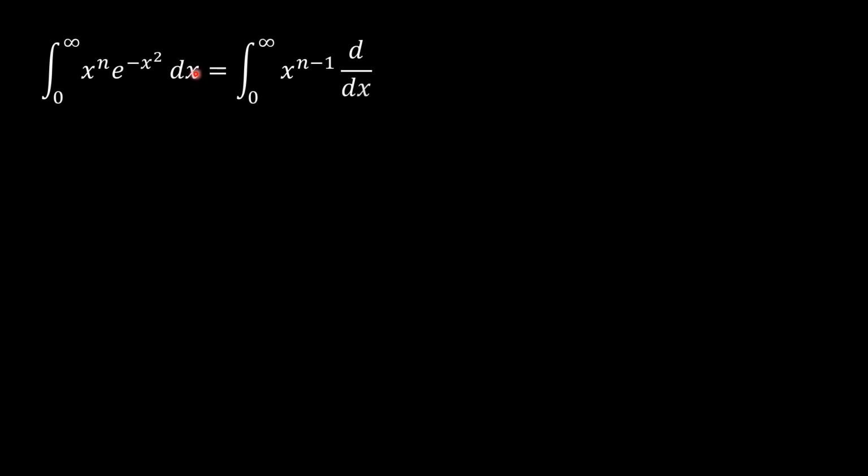So we can express this as x to the power n minus 1 times x times e to the power negative x squared, where x times e to the power negative x squared is related to the derivative of e to the power negative x squared, which is negative 2x times e to the power negative x squared.